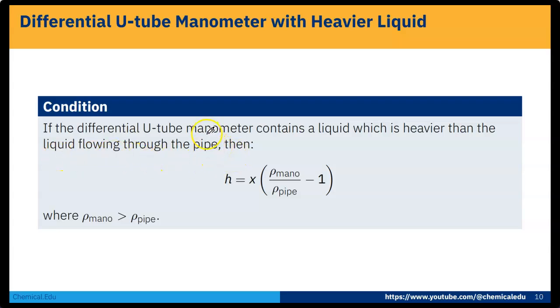If water is flowing through a pipe and the manometric liquid is mercury, we must correct that H. So H is equal to X into rho manometer divided by rho pipe minus 1, where rho manometer is greater than rho pipe.